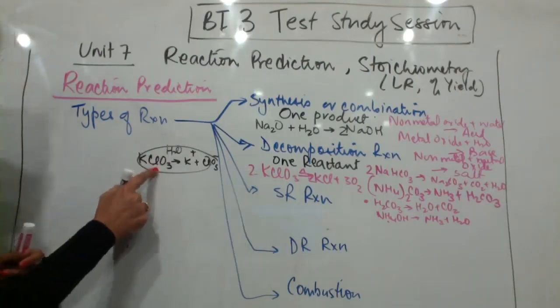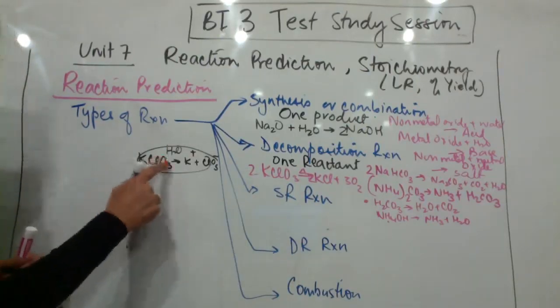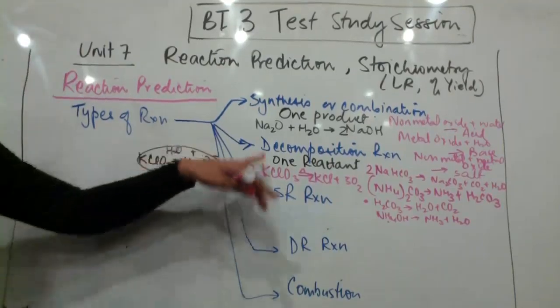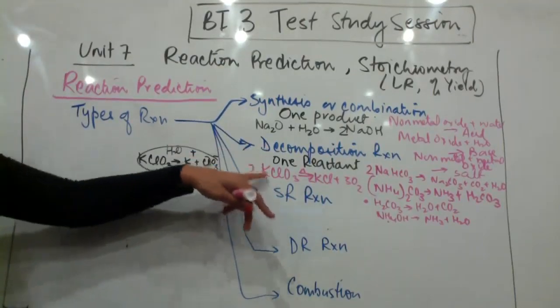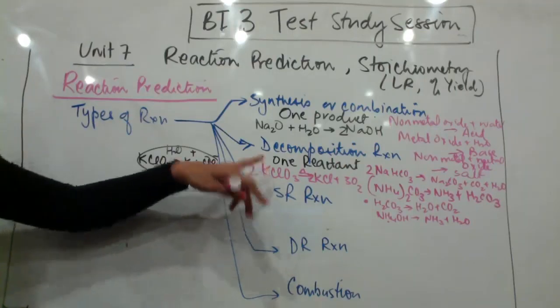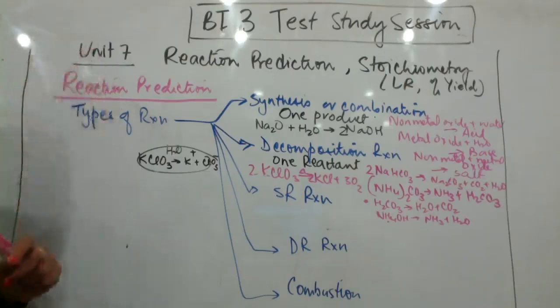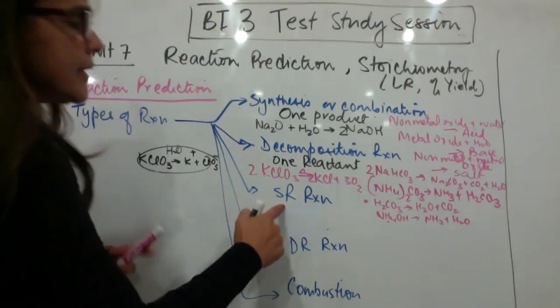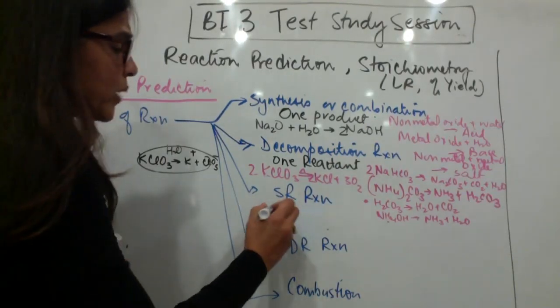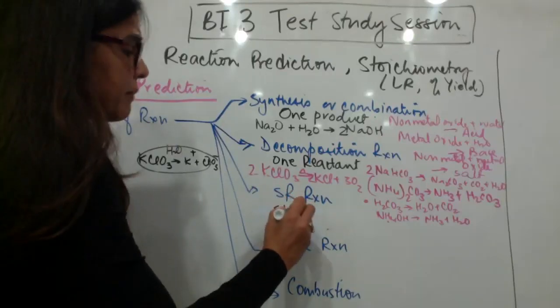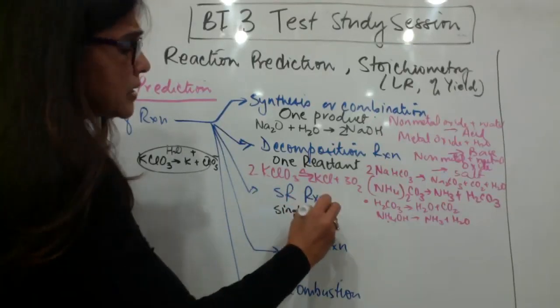This is dissociation where you have an ionic compound just breaking into its ions upon addition of water. But when you are heating a solid ionic compound in absence of water, then it breaks down to give off small molecules.